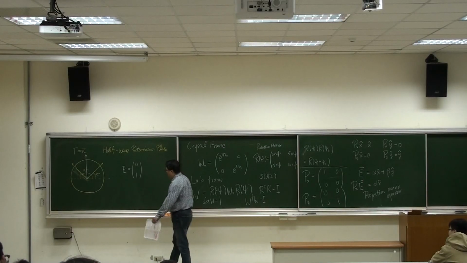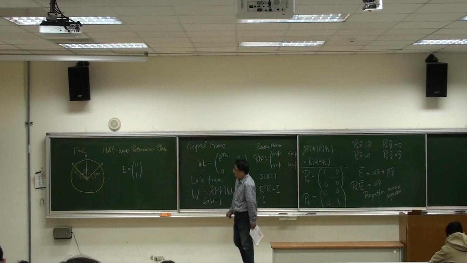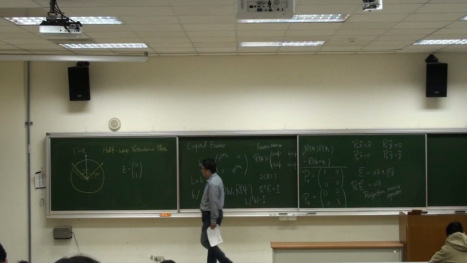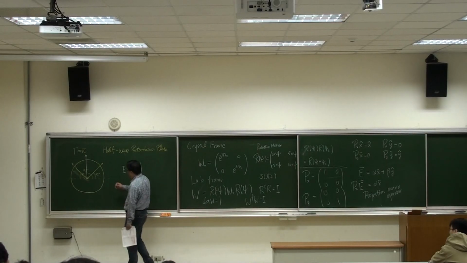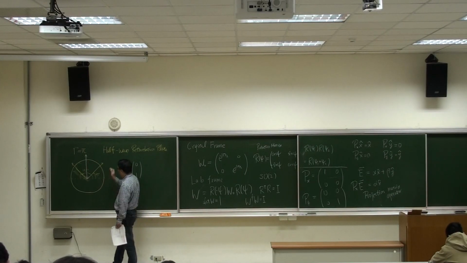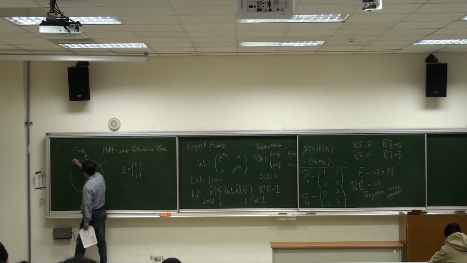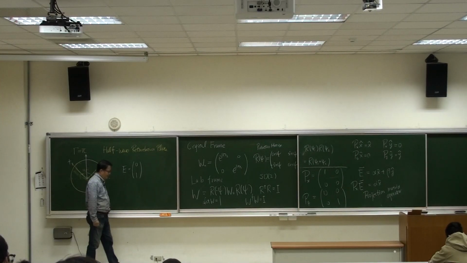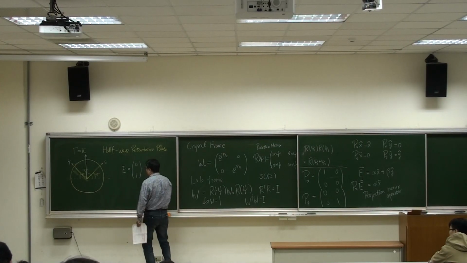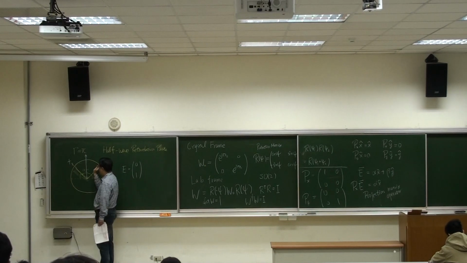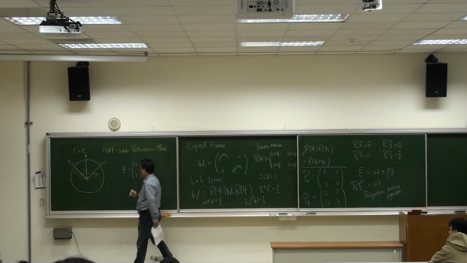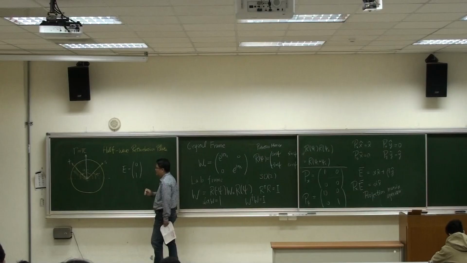The incident light is along the y polarization, and the slow axis and the fast axis are chosen to be along this direction and this direction.